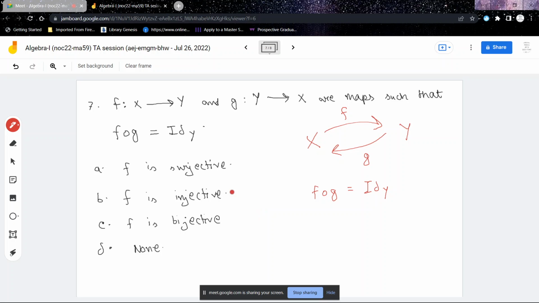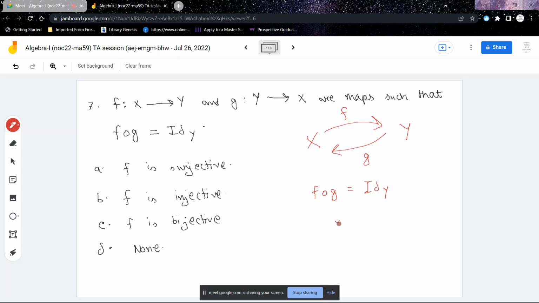You are asked to find out whether F is surjective, F is injective, F is bijective, or none of the above will hold. Now F has a right inverse, that definitely implies that F is surjective, and this is again very easy to see. To show that F is surjective, you show that for every element of Y there is some element of X which is getting mapped onto that element.